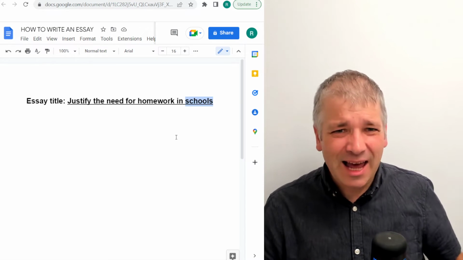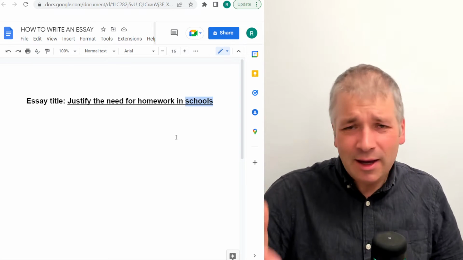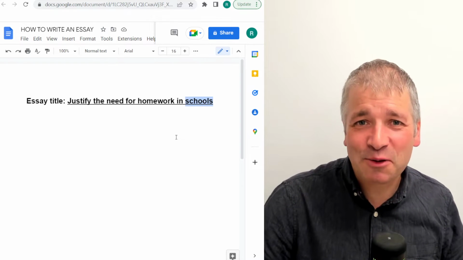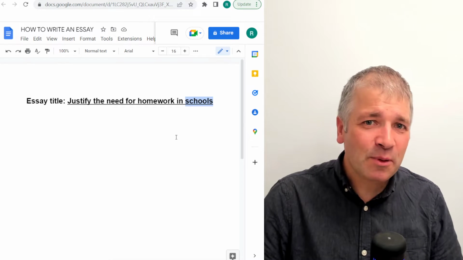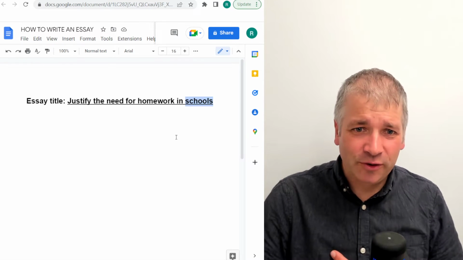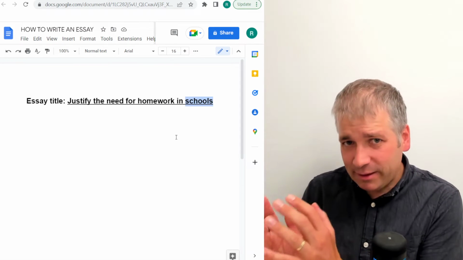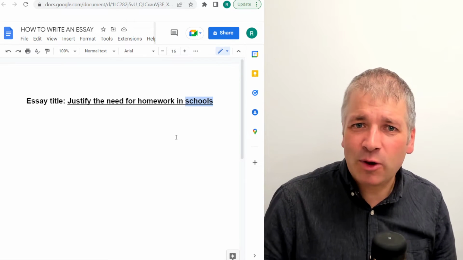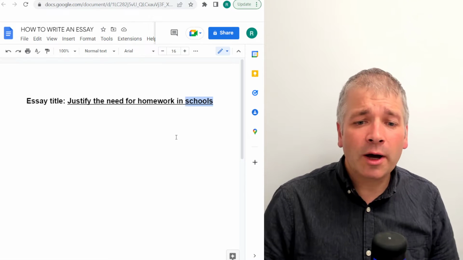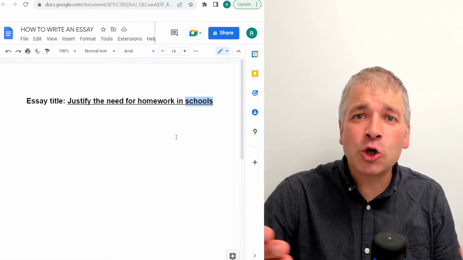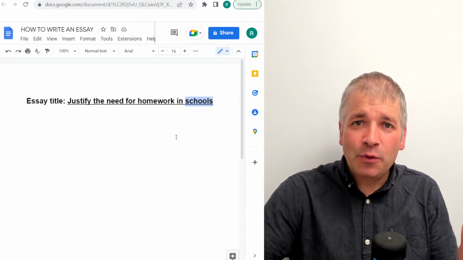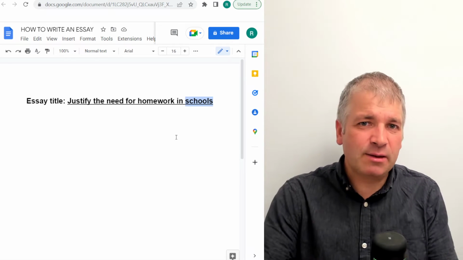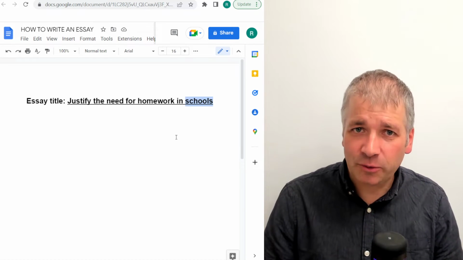Now, in this particular essay, when we look into homework, it's very likely it's going to relate to schools. But there are other times where you'll get a restriction word that really does limit what you should be investigating. For example, if this essay question had said, for homework in schools in the UK, then I must not investigate any other country.